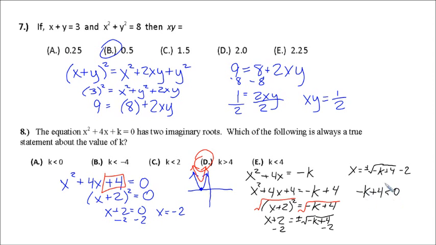And so, rearranging this a bit, you can subtract 4 from both sides to get negative k is less than negative 4. And then when you divide by negative 1, the inequality sign does flip. So you get k is greater than 4. So that's more of an analytical way of thinking about this problem. But we get the same answer either way. K has to be greater than 4.